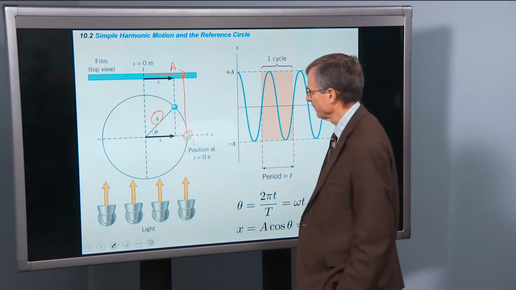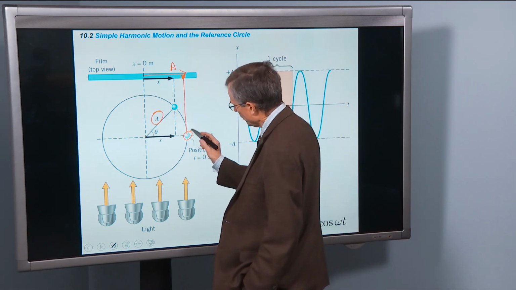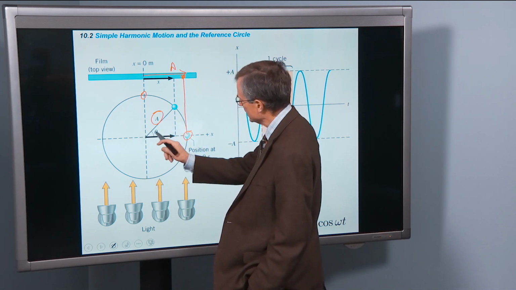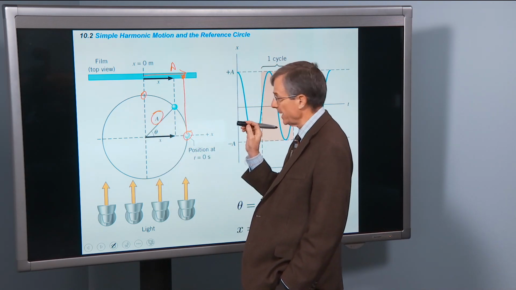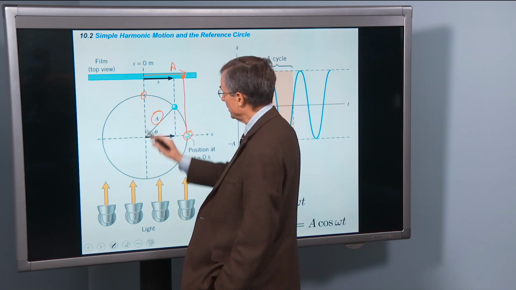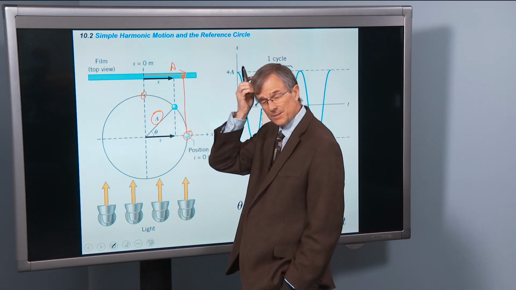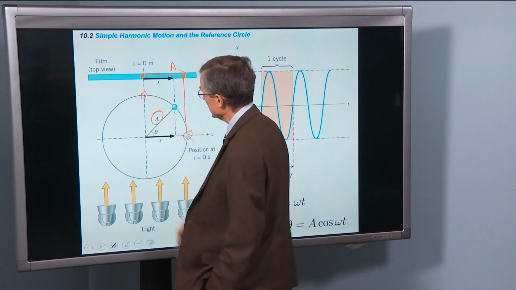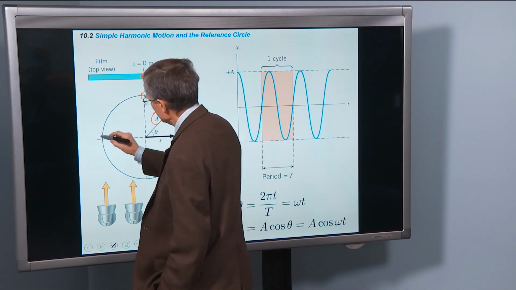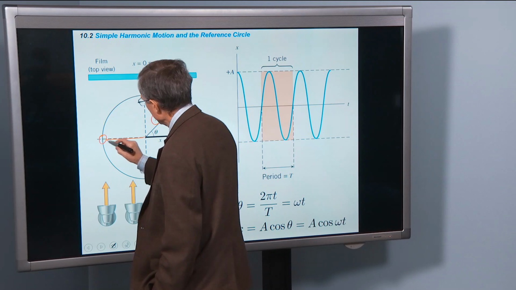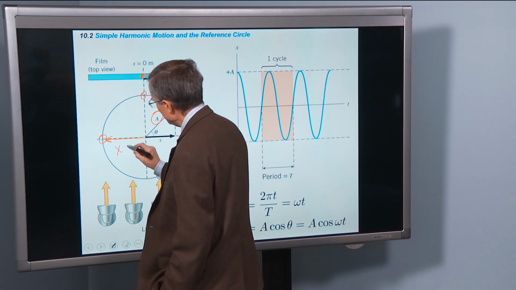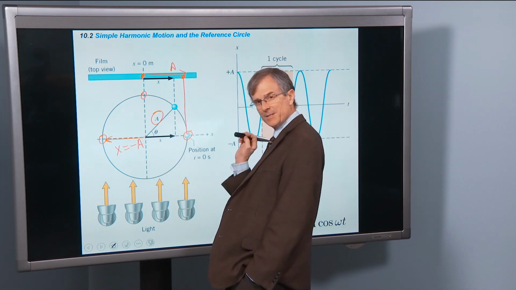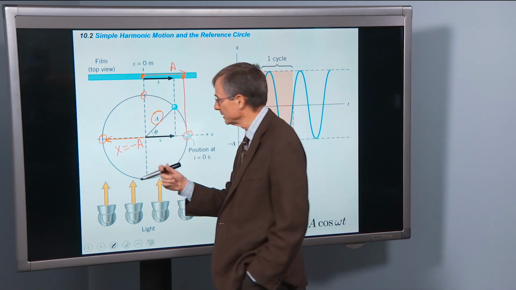In the uniform circular motion, when it gets to here, x is measured to the right. At this position, y is not 0, but x is 0. So it's sitting right here at x equals 0. When the object gets over to here, x is going to be equal to minus A, because x is measured positive to the right, negative to the left.